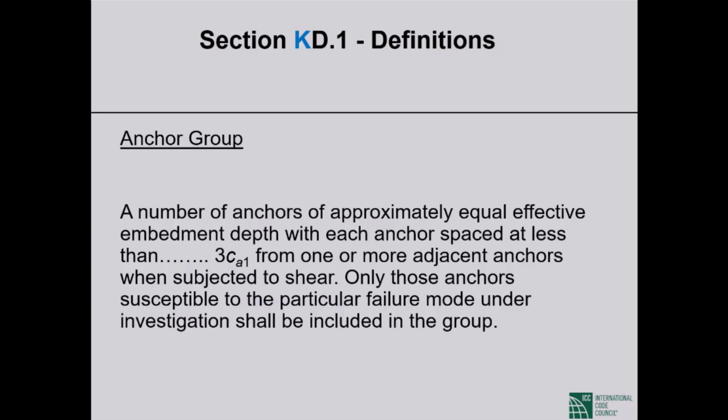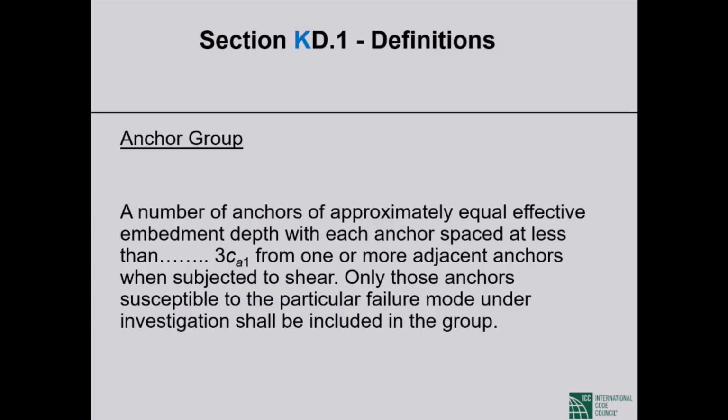The other important thing is the role played by H sub EF, effective embedment depth. The role that effective embedment depth plays in tension is played by C sub A1, the edge distance in the direction of shear, when it comes to shear failure modes.